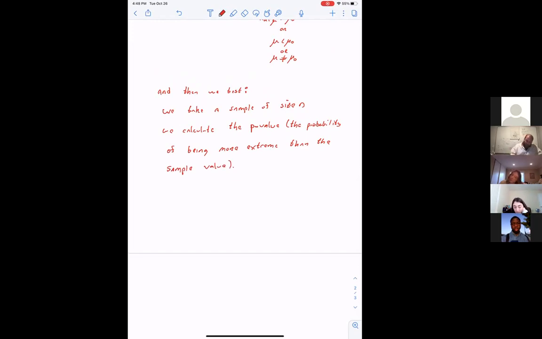So for example, if we have an HA where mu is greater than mu naught, then the p-value is the probability of having your X bar fall in this region.